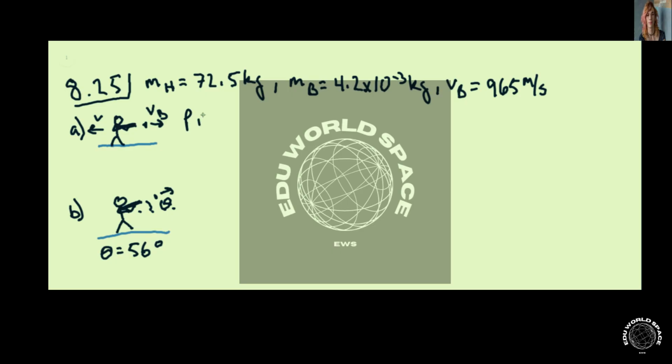Like I said, the momentum of the hunter is going to be the negative of the momentum of the bullet. And the bullet's momentum is, of course, its mass, 4.2 grams, times its speed, which is 965 meters per second.